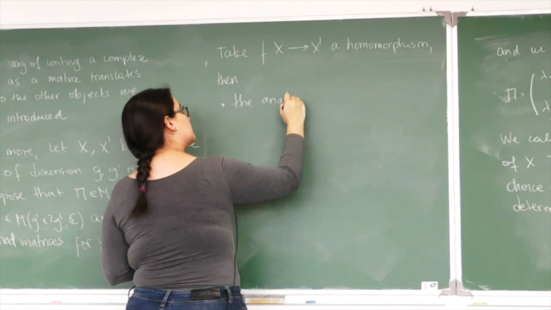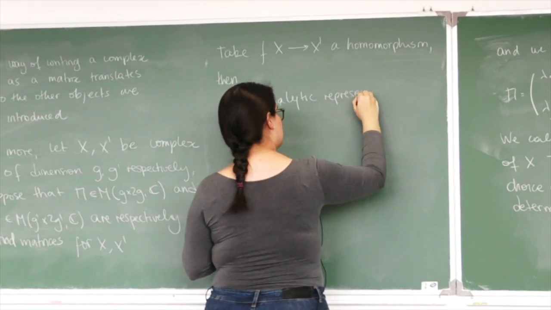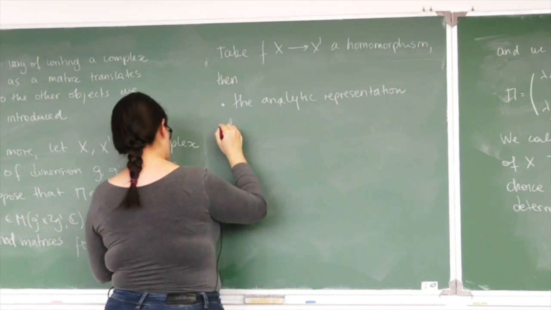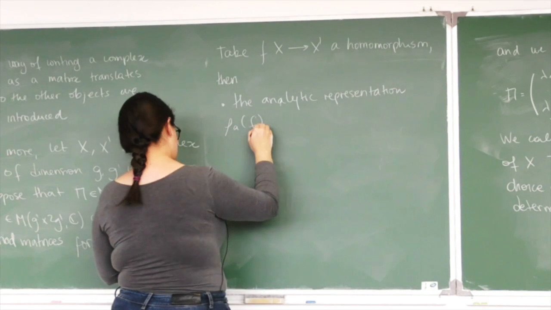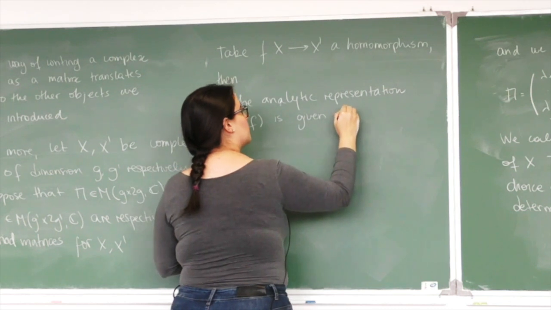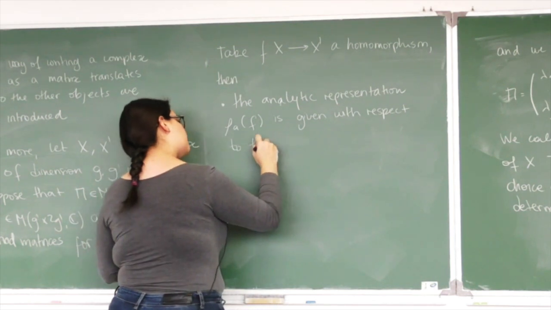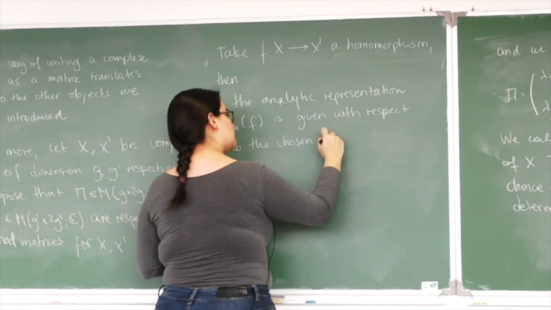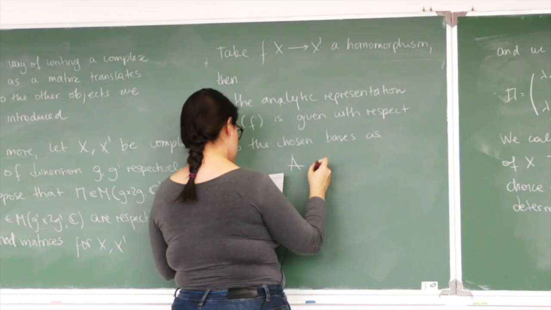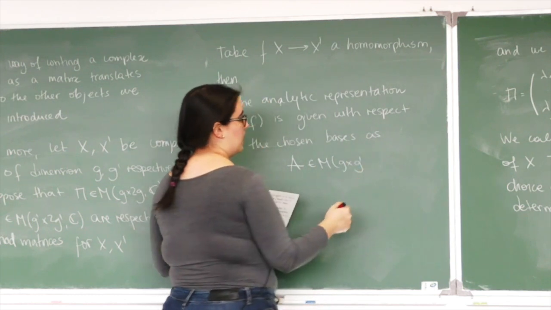The analytic representation rho_A of f is given, with respect to the chosen basis, as a matrix I'll call capital A, such that it's a g by g prime matrix.